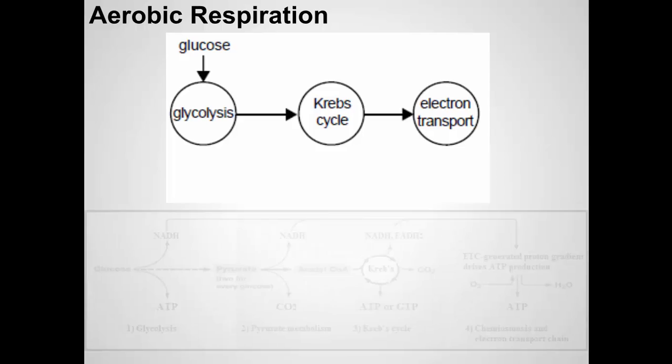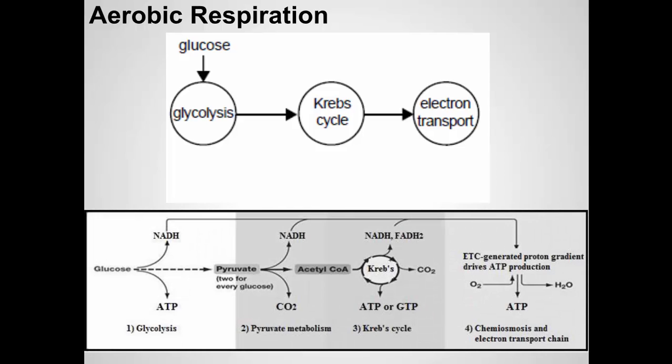So that's simplified. A little more complex. But again, a lot of these things will look familiar. Starting with glucose, which produces 2 pyruvates, giving us some ATP. Also produces NADH. What is NADH? What can we call it?